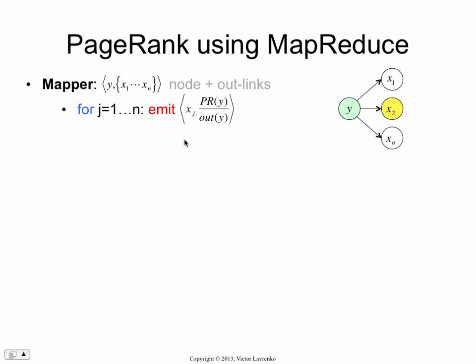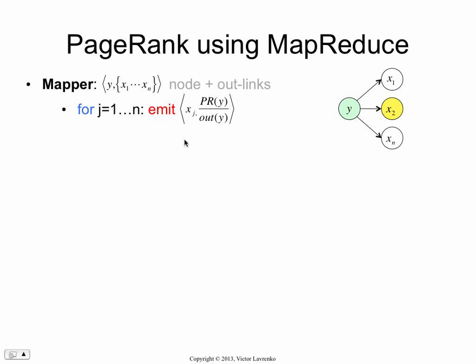So what does it do? For each node that it connects to, Y points to a bunch of nodes. For each node that it points to, I'm going to take the current PageRank of Y at this point. What is it? It's just 1 over the big N, the number of nodes in the graph. So that's my PageRank. My out degree is little n, that's how many neighbors I point to.